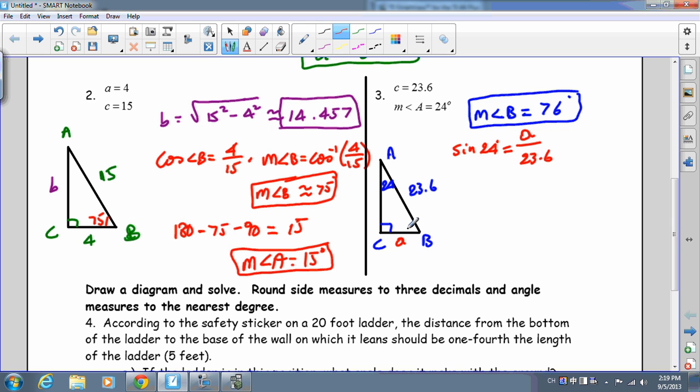Now, is this the only way? Not at all, because you can also use the 76 that you have here, and instead of using the sine, you can say it's the cosine of 76. It's 100% up to you.